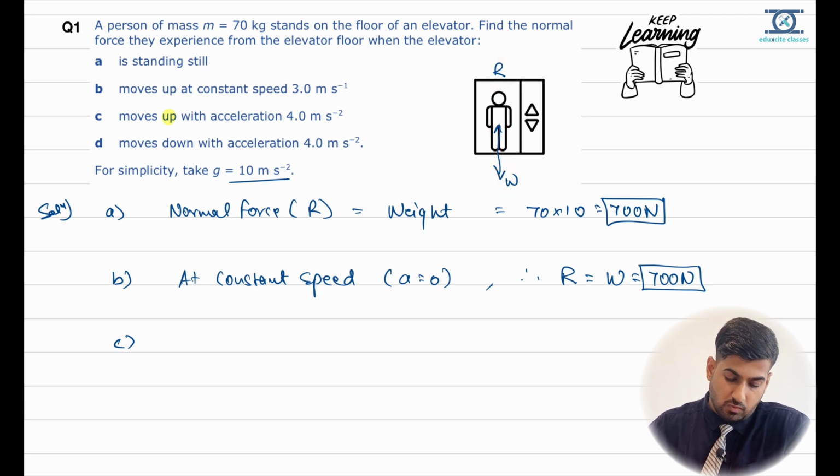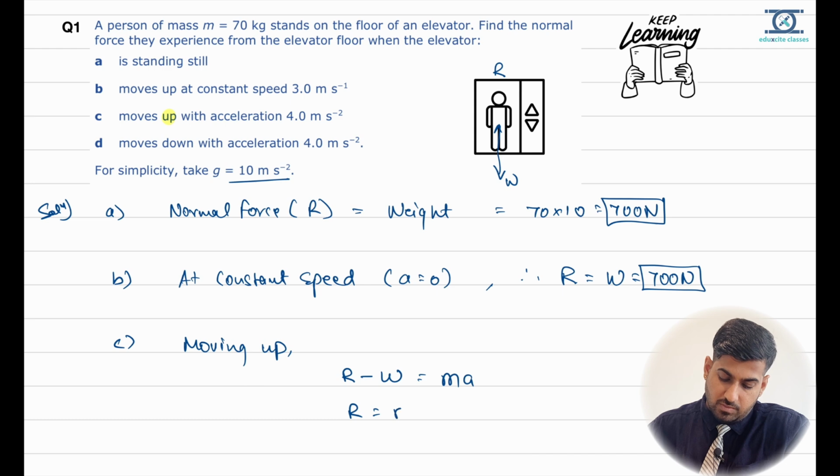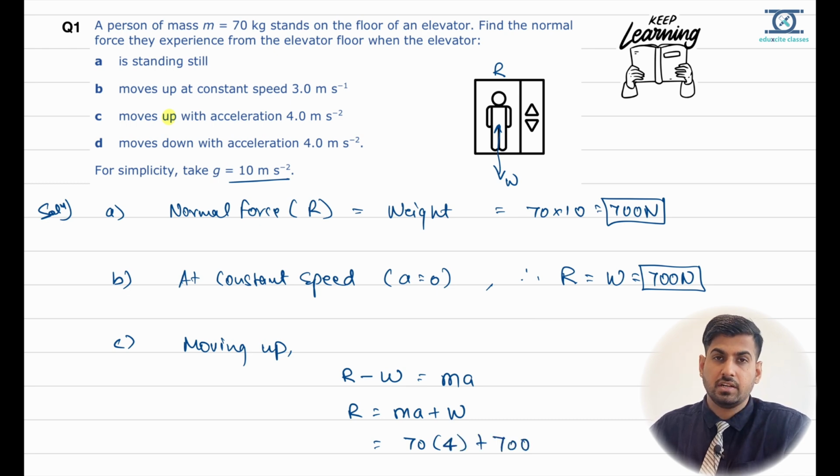So I can write using Newton's second law of motion that R minus W will be equal to ma. R we have to find out, m and acceleration are given, so R will be ma plus W. So m is 70 times acceleration 4, plus weight, which is m times g, which is 700 Newton.